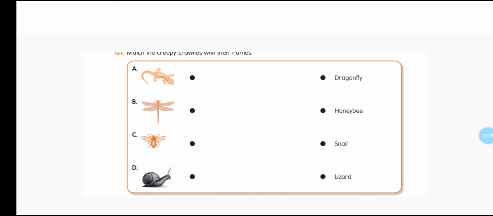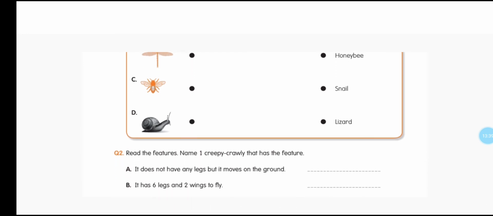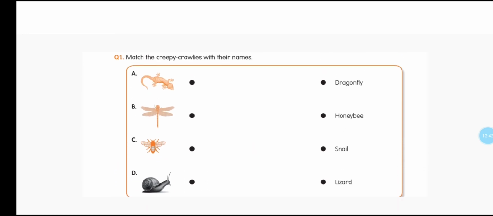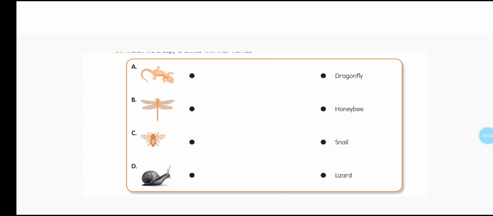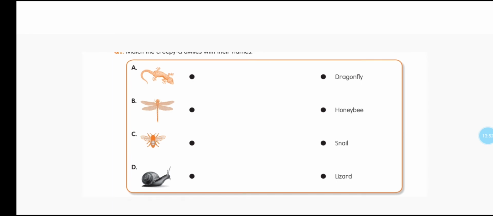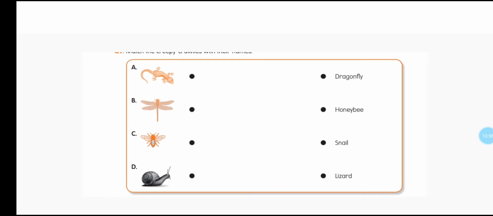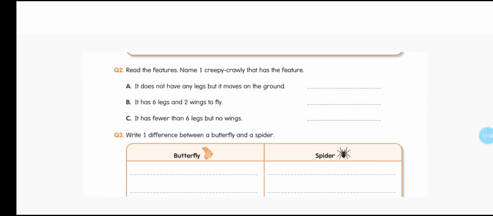So it's a dragonfly. Then B to dragonfly, draw the line. And the C one, is it a dragonfly? That has already been completed, lizard is already over. Now left over are honeybee and snail. You know that it's a honeybee. And the last one which has a shell on its body, it's a snail, right?